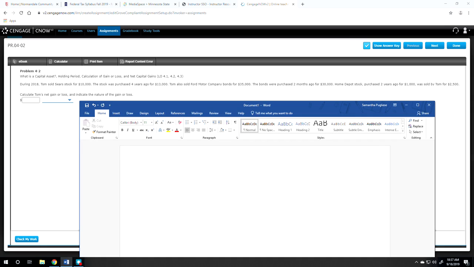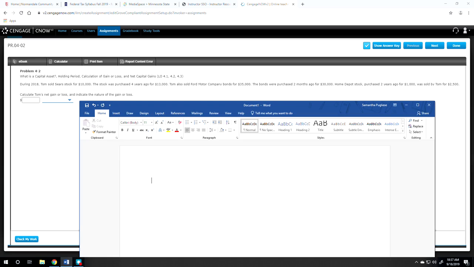The other thing I'd like to point out that would be useful for you to refer to as we're following along, and also when you're working on your problem: if you go to page 4-10 in your book, section 4-4b, that's the calculation of a net capital position, and then there are those 4 sections. That is what you need to know in order to get to the right answer on this problem.